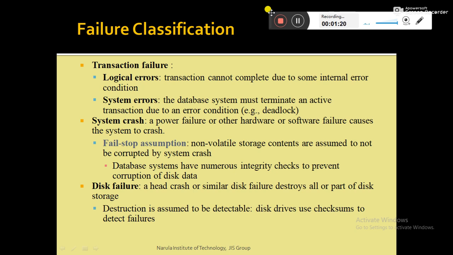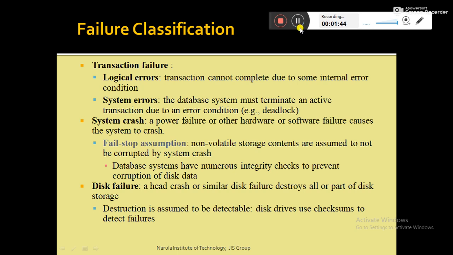As we know, transactions are executing in a computer system. So if the system fails, the transaction is definitely going to fail. And if a transaction fails during its execution, then the transaction properties like atomicity, consistency, and durability may be violated. So the responsibility of the database system is to ensure all these properties even if the transaction fails.